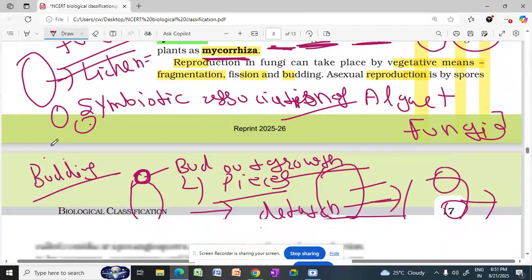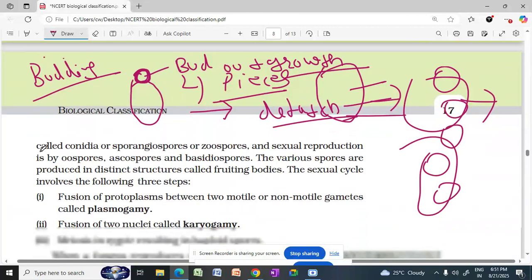But mitosis is a different thing. Mitosis is equational division. That we will discuss in the cell cycle and cell division chapter. Meiosis is different. Meiosis is what? Reductional division. Mitosis is equational division.